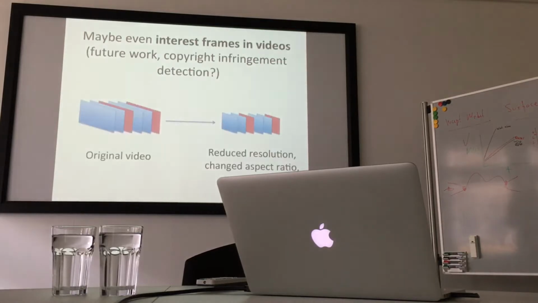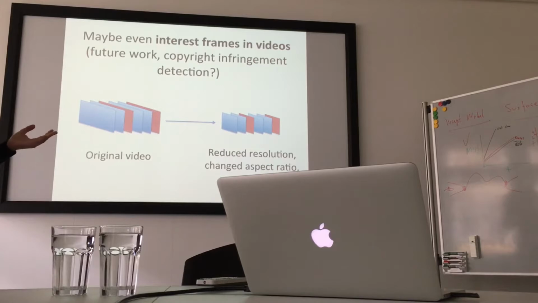What is more interesting is that for some unexpected tasks, it is also possible to formulate interest point detection. For example, you could be working with videos and you would like to compress the video somehow, so you select some interest frames. Why would you do that? Because there are tasks like copyright infringement detection, which are solved by Google.